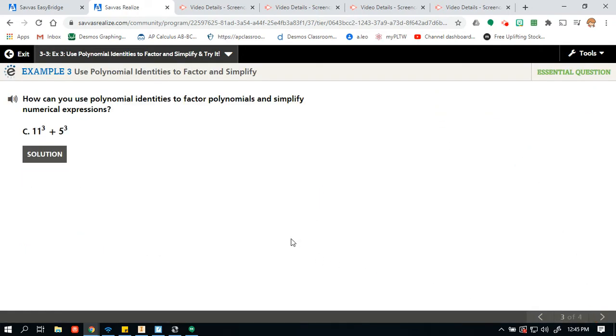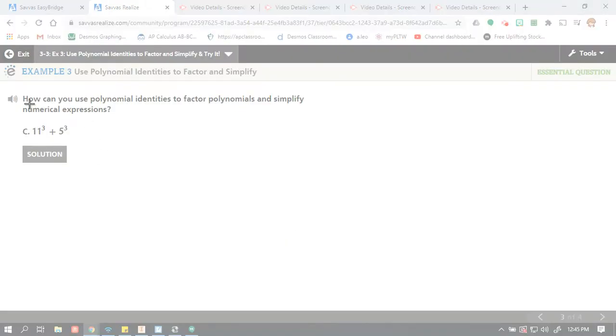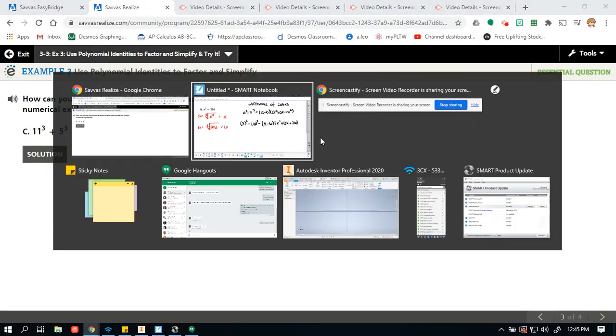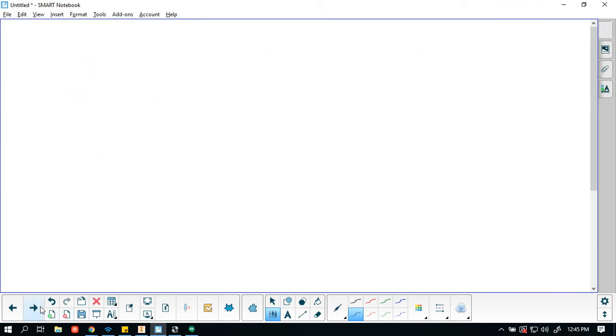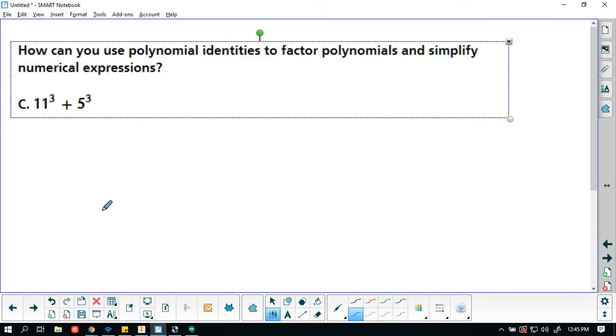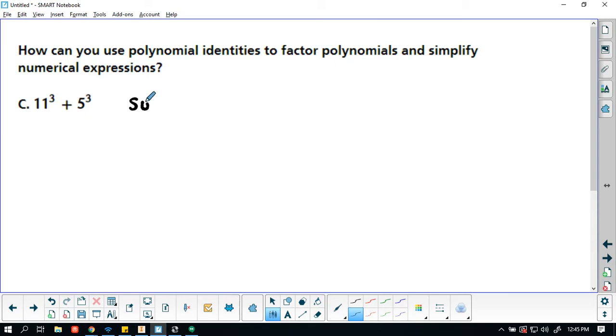How can you use a polynomial identity to factor the polynomial and simplify the numeric expression? For this next one, you'd say we could put it in a calculator, but what if we don't have a calculator? We want to figure this out by hand. So this is the sum of cubes, 11 cubed plus 5 cubed.